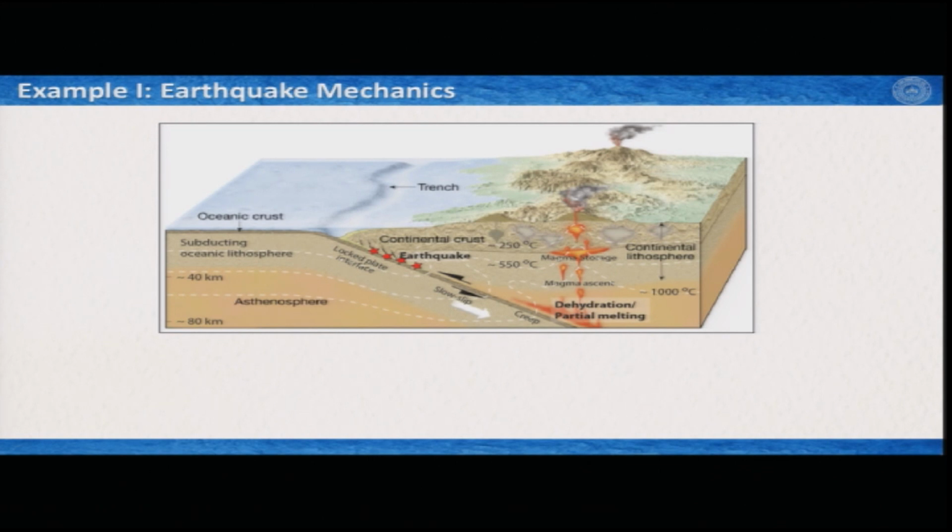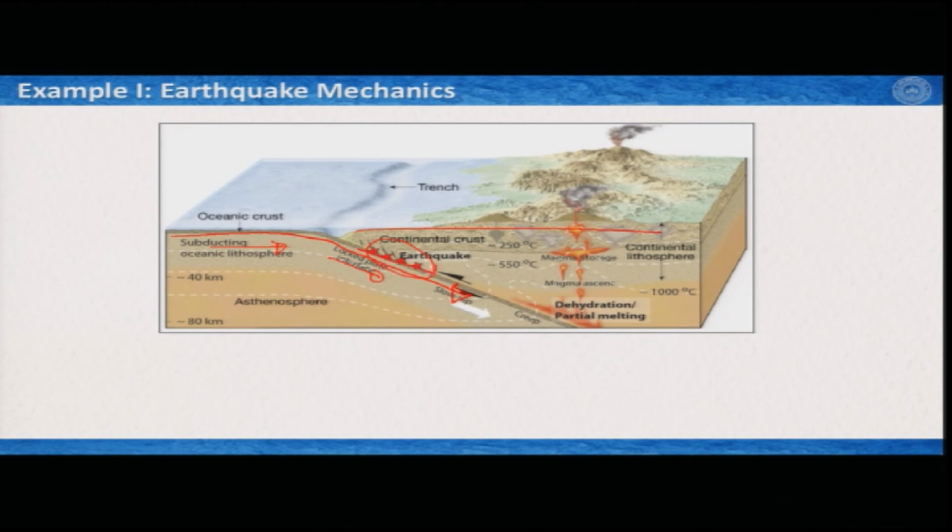And here is an illustration where this oceanic block continues to subduct under this continental crust. And we know earthquake happens somewhere here, what we call Benioff zone, at some depth.